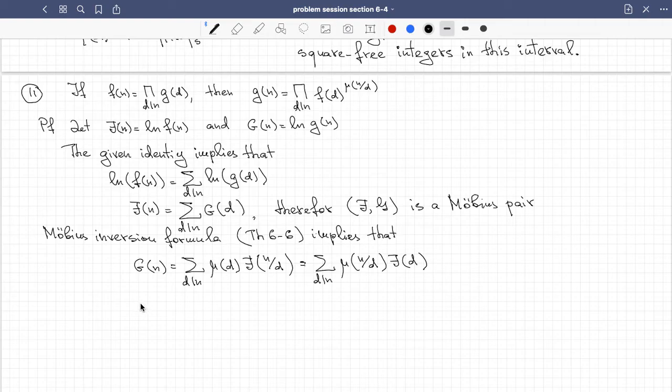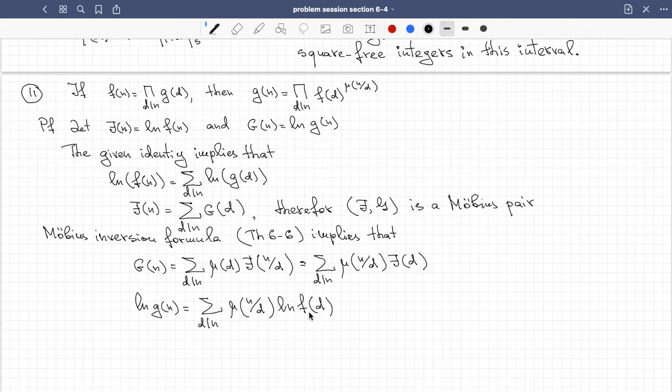So we can rewrite it as logarithm g of n is equal to sum over divisors of n of mu of n divided by d times logarithm f of d, which is the same thing.